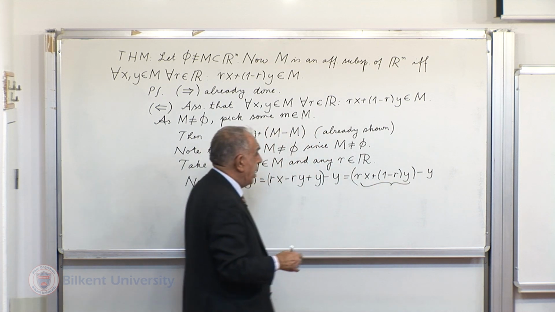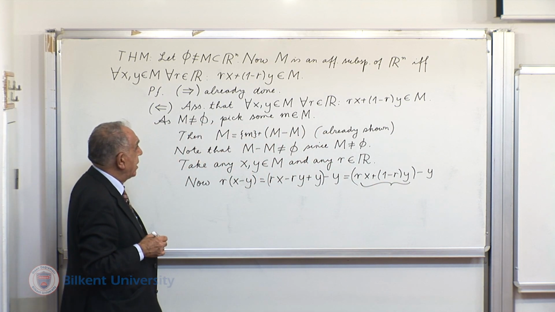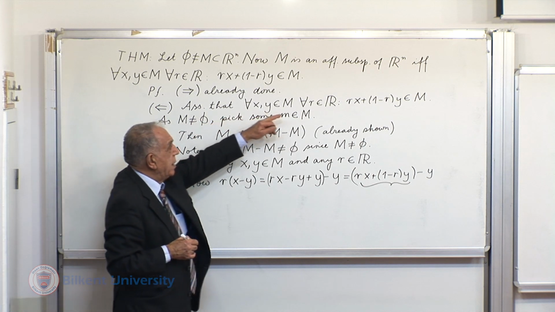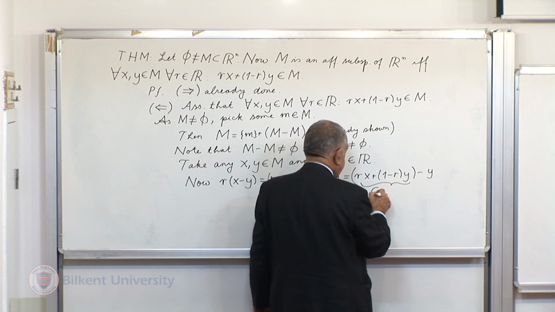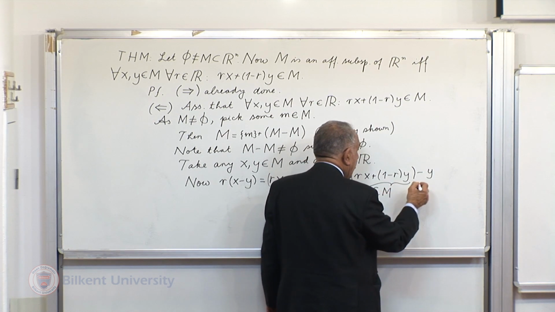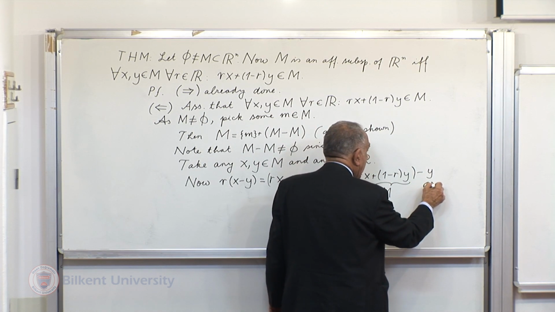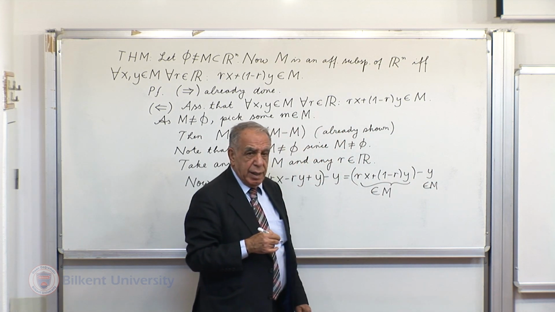What do we know about this vector? By hypothesis, that's in M. What do we know about y? That's in M as well.